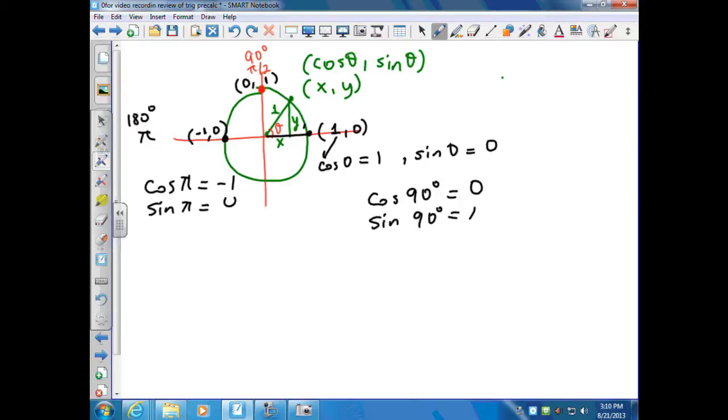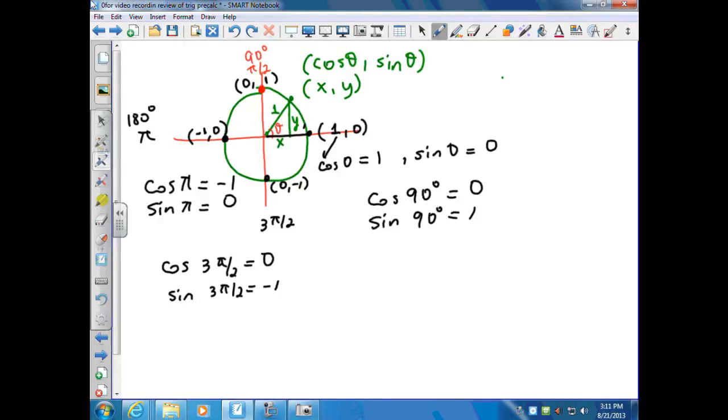And what about over here, at 3 pi over 2? Cosine of 3 pi over 2. Again, the coordinates there are x is 0, y is -1, so cosine there is 0, and sine at 3 pi over 2 is -1.